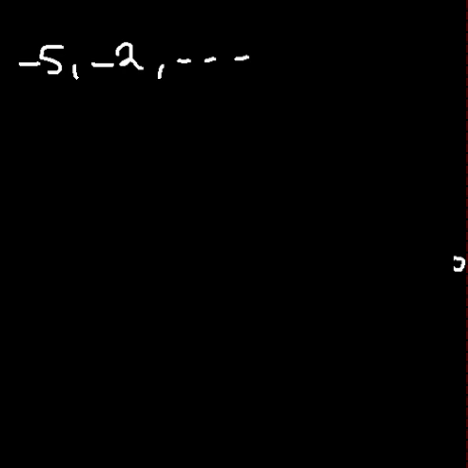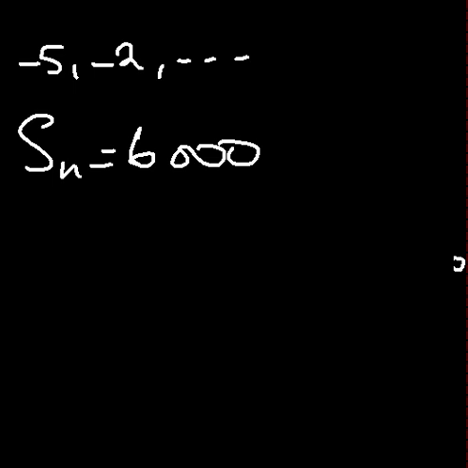So what is the number of terms if the summation of n terms is given as 6,000? What is the number of terms corresponding to a sum of 6,000? So we have the first term given as -5.